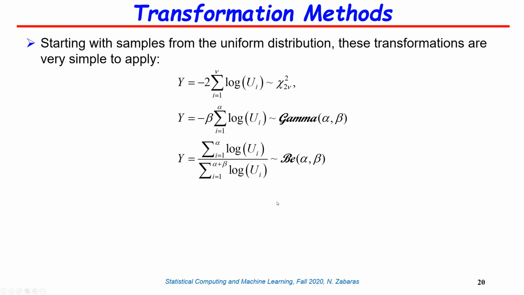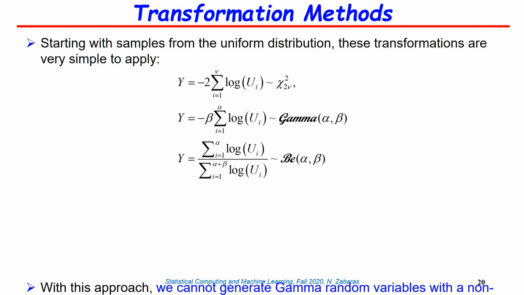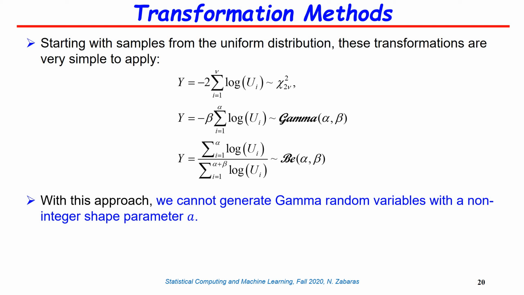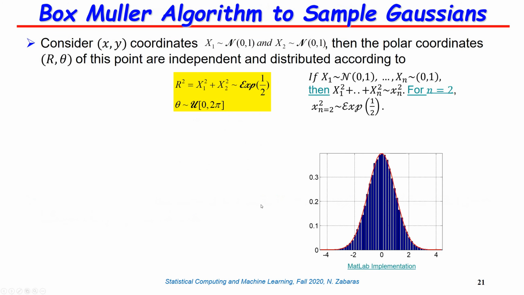So this technique up to now will not be able to generate samples for an arbitrary set of parameters alpha and beta for the gamma and beta distributions. We will not be able to sample beta and gamma for non-integer parameters.